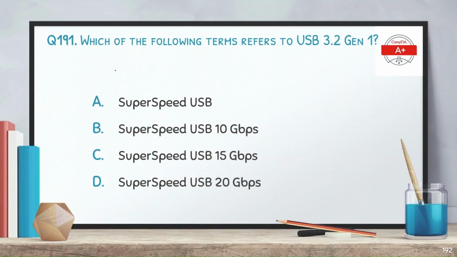Question number 191 is, which of the following terms refer to USB 3.2 generation 1? The options are A super speed USB, B super speed USB 10 Gbps, C super speed USB 15 Gbps, and D super speed USB 20 Gbps. The correct option is simply the super speed USB.